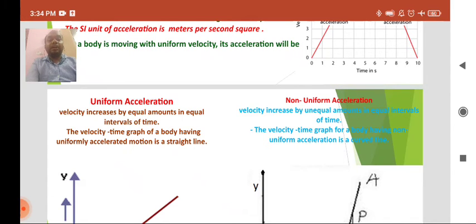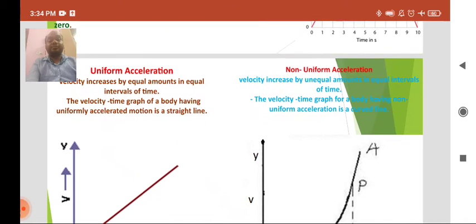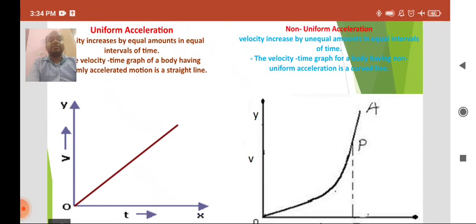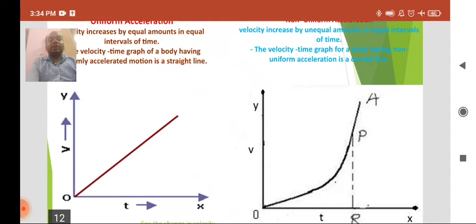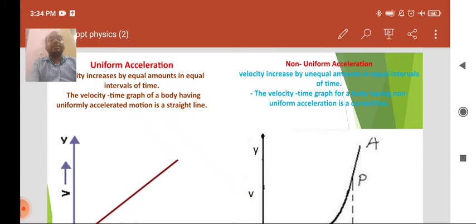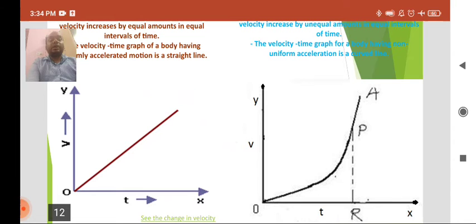The velocity-time graph of a body having uniformly accelerated motion is a straight line. Plotting the graph between velocity and time, you will get a straight line. Such a graph is called uniform acceleration.